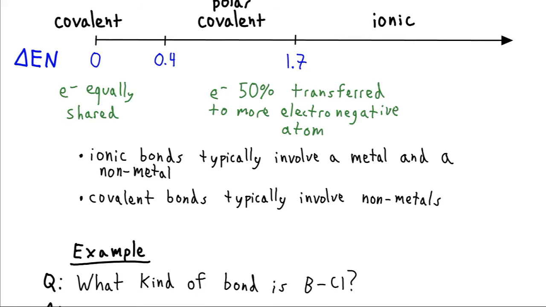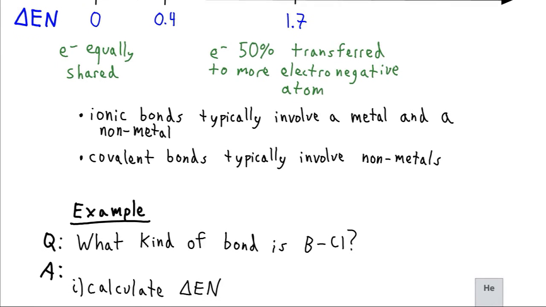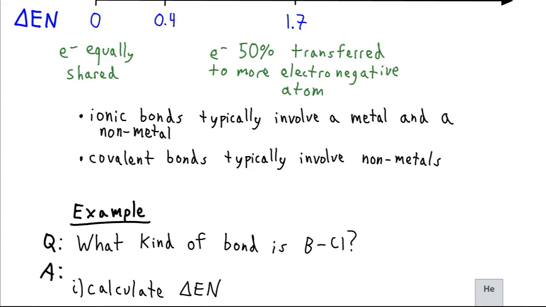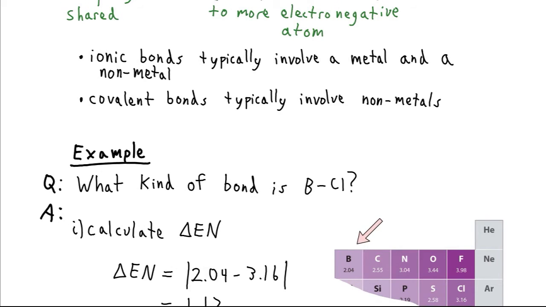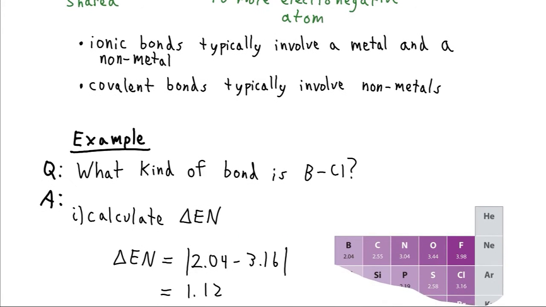So for an example, let's ask what kind of bond is present between boron and chlorine. What we need to do is calculate the difference in electronegativity. And if we look that up, for boron, it's 2.04, and for chlorine, it's 3.16. So we'll take the difference between these, and we always just look for a positive value.